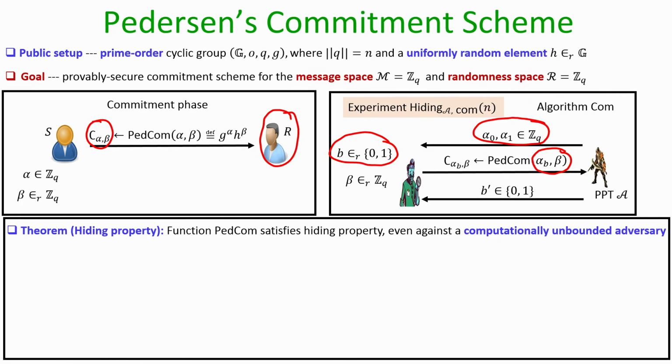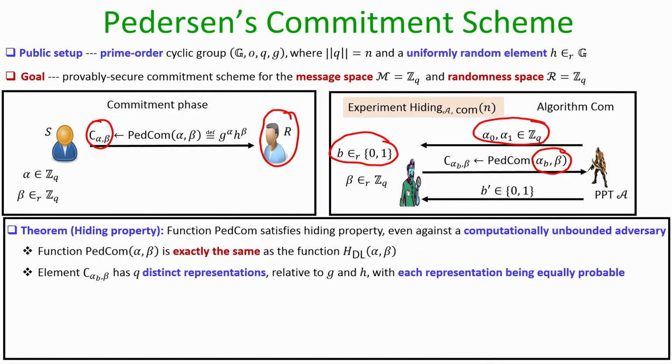What we can prove now is that this Pedersen commitment scheme satisfies the hiding property even against a computationally unbounded adversary. This comes from the fact that the Pedersen commitment function is exactly the same as the compression function h sub dl, and what it means is that the commitment the adversary is seeing has exactly q distinct representations relative to g and h, and each of these representations is equiprobable.